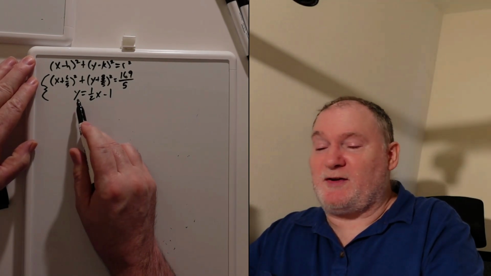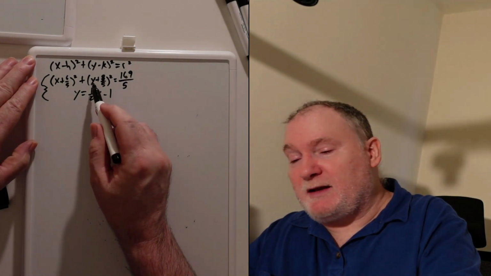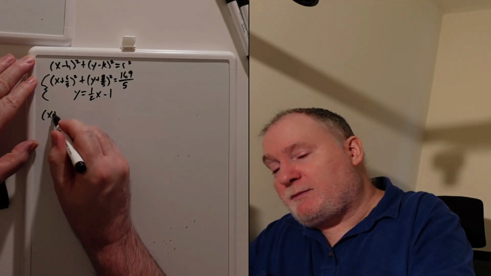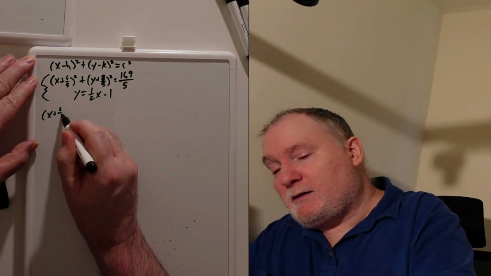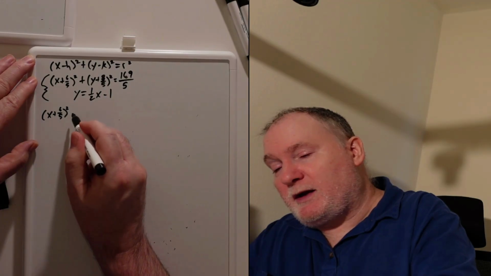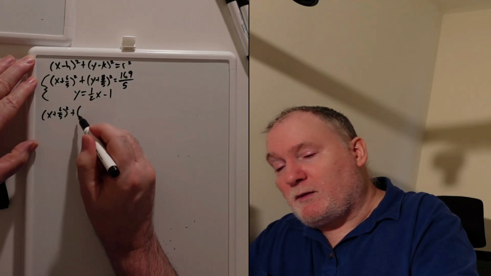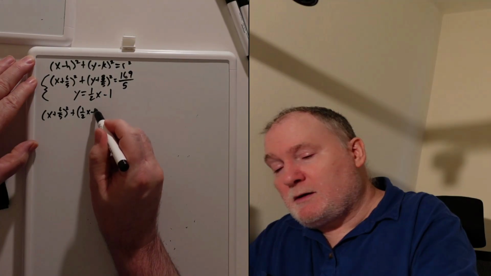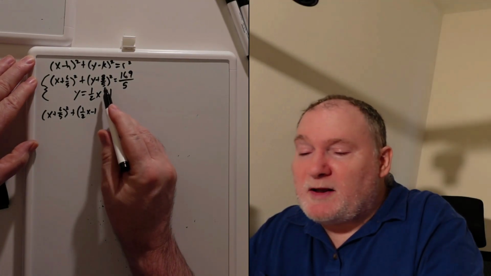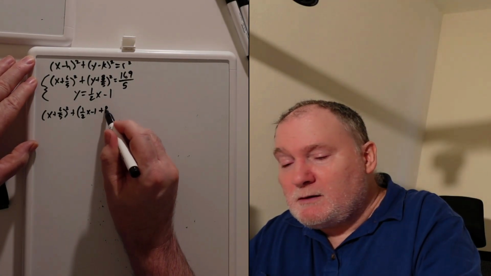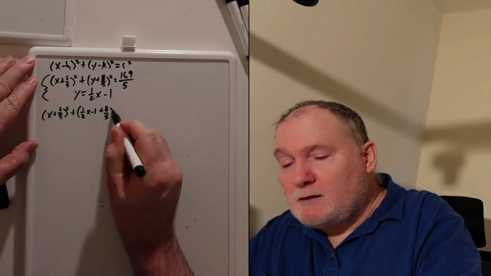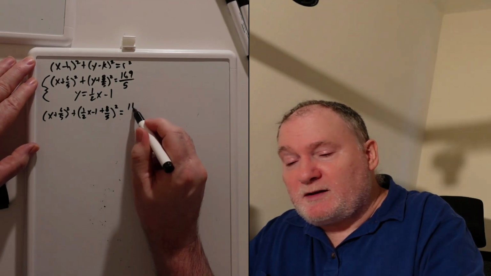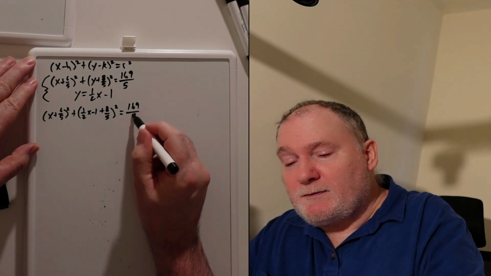I already have this solved for y, so I can plug that into this y here. So then I'm going to get (x plus 6/5) squared plus (y, which is 1/2 x minus 1, plus 8/5) squared is equal to 169 over 5.